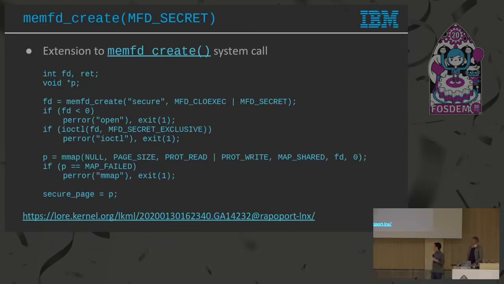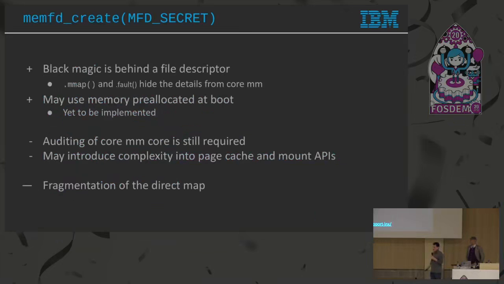To create a secret area, one has to create a file descriptor with memfd_create secret, and then call ioctl to specify exactly the way the kernel would treat your memory. It could be exclusive, unmapped, uncached, maybe some other different properties there. And then continue with mmap and use the memory in a secure way.